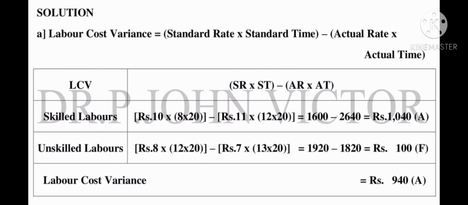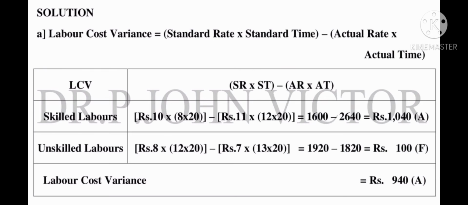When we multiply, the first value is 1600 minus the second value 2640. Now you see that the minus value is bigger, so you definitely get the adverse figure, A stands for adverse. So the total value of the skilled labor is rupees 1040, that is adverse.